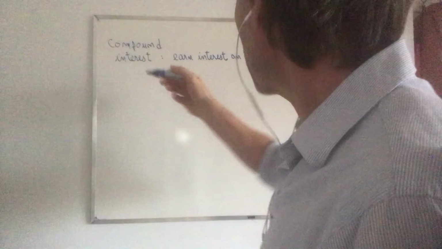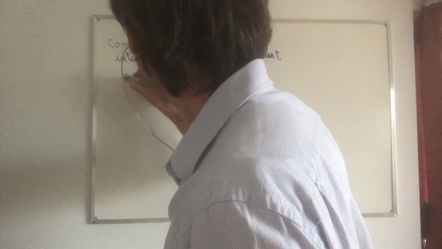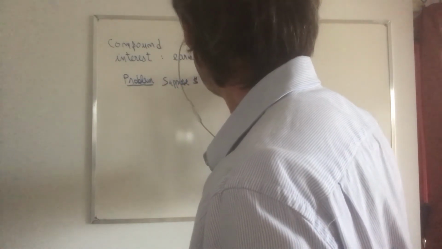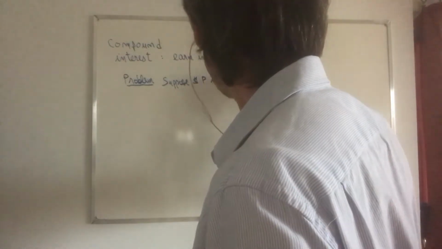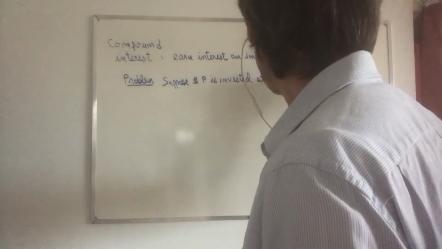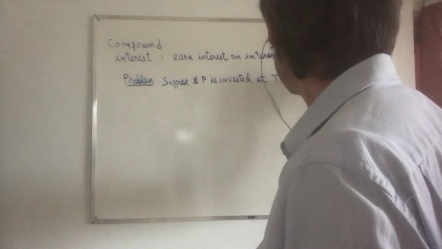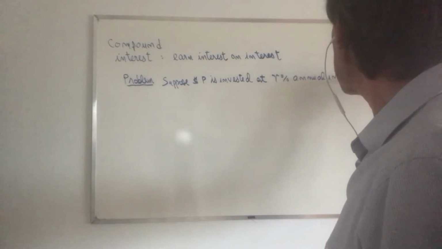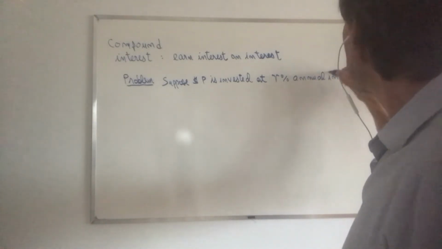So I will illustrate this. Trying to figure out the following problem. Suppose P dollars is invested at R% annual interest. The interest is always given annually.